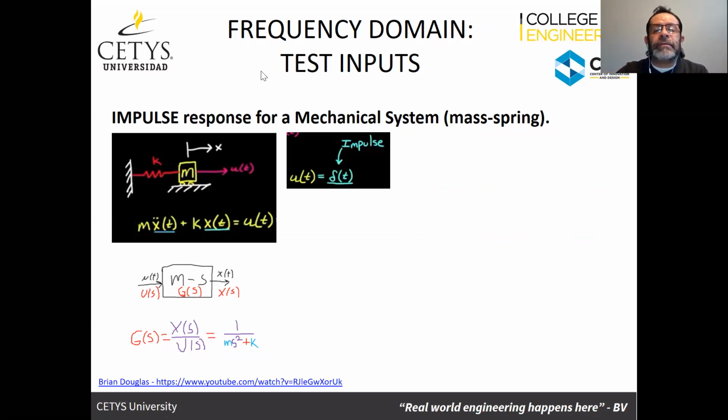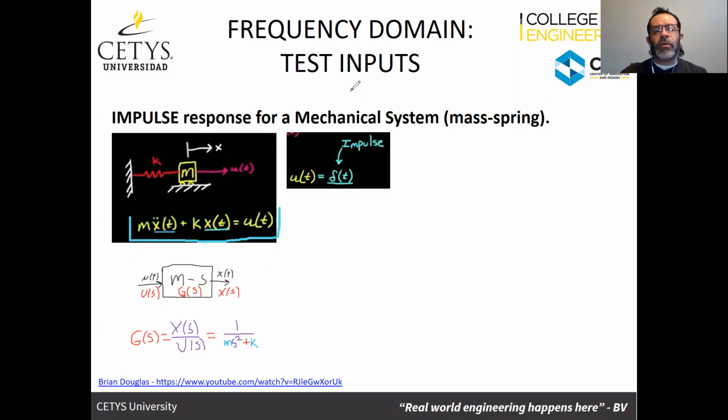And we had already seen that the mathematical model for this would be represented by the differential equation that's ruled by Newton's laws. So the mass times the second derivative of the displacement plus the displacement multiplied by the K constant, which is going to be the force of the spring, is going to equal the force that's being applied. And so this is the mathematical model of the system.